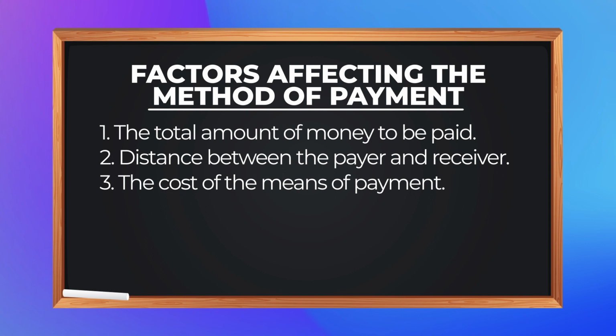Even if you are going to give somebody money in cash, you take transportation from one place to the other to present the cash to the person. Or to withdraw from your ATM and pay in cash, there are some charges for using the ATM. So the cost is another important factor in choosing your means of payment.